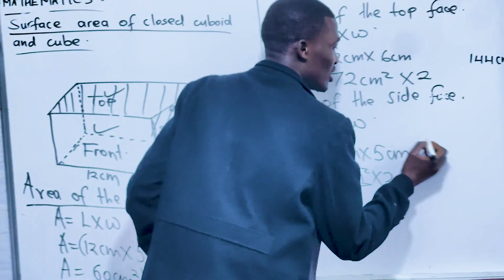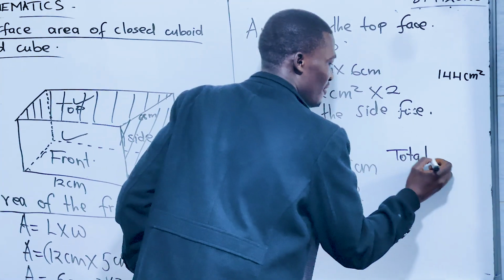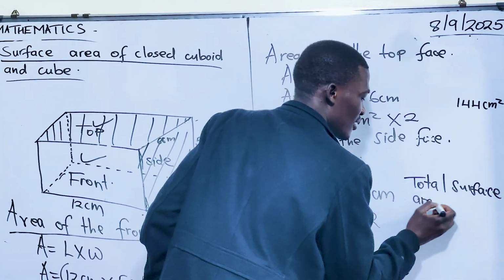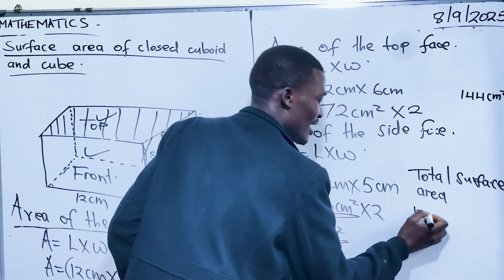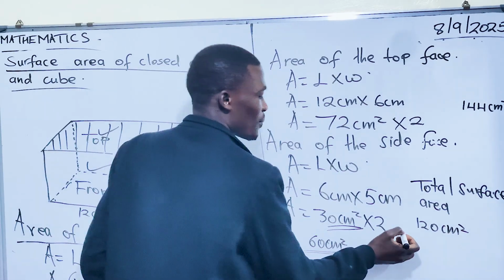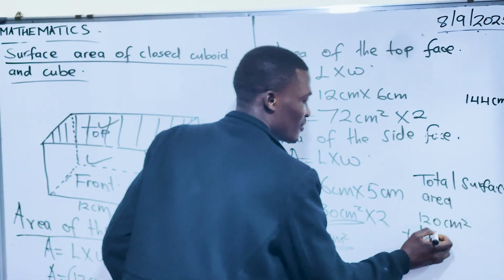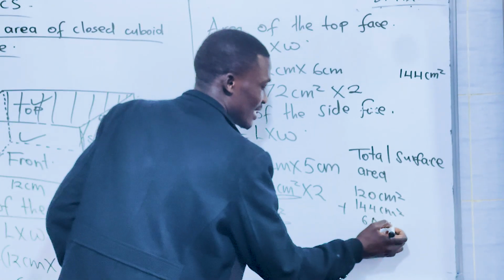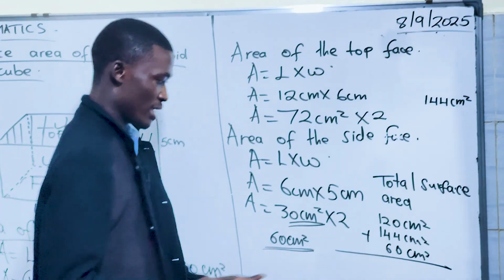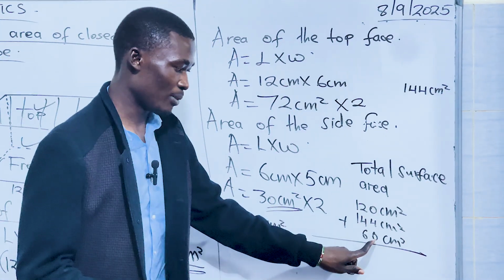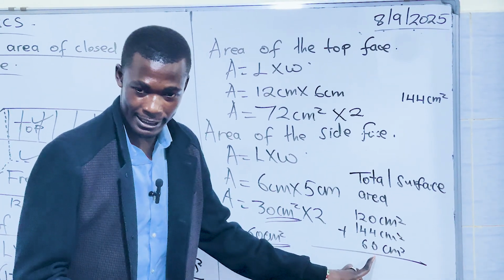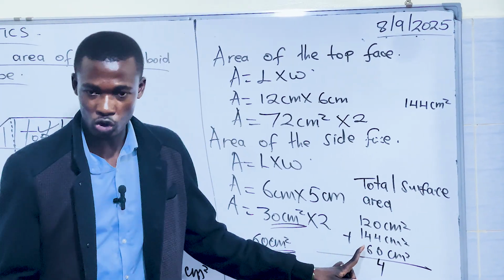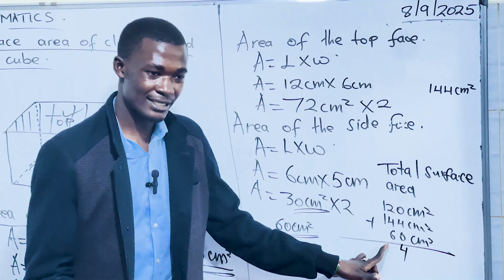So we have a total surface area as 120 centimeters squared plus 144 centimeters squared plus 60 centimeters squared. What do we get here? 0 plus 4 plus 0. We get 4. 2 plus 4 is equal to 6, plus 6.